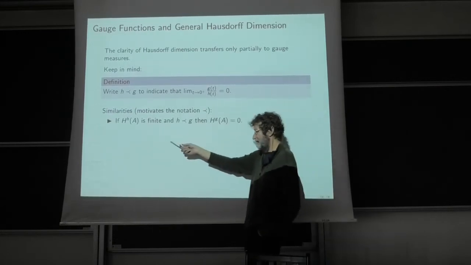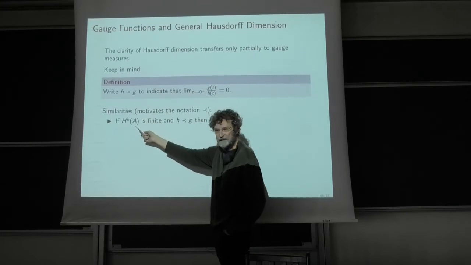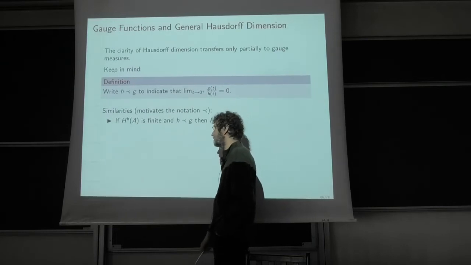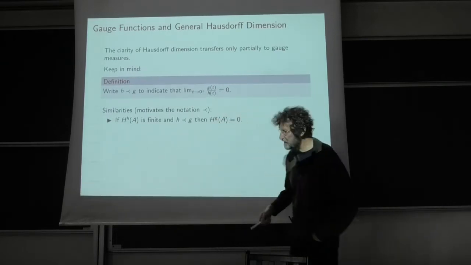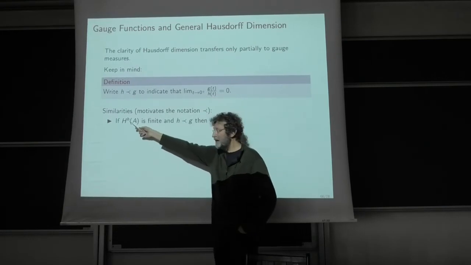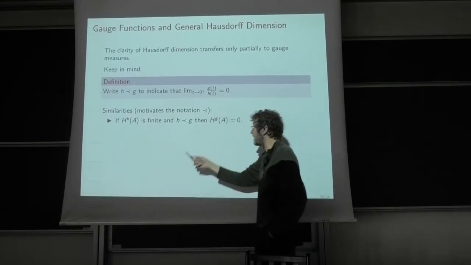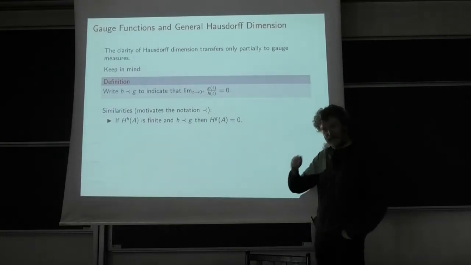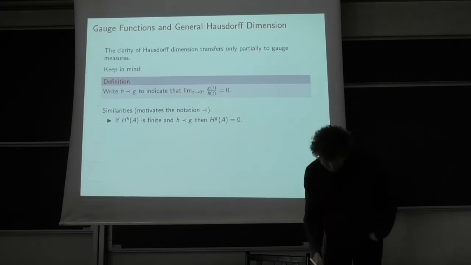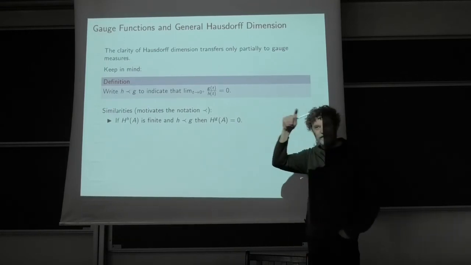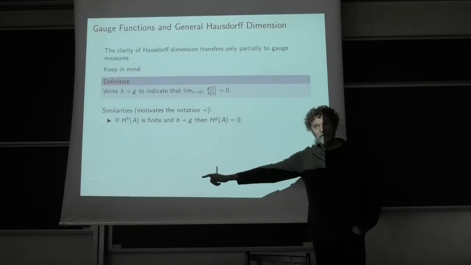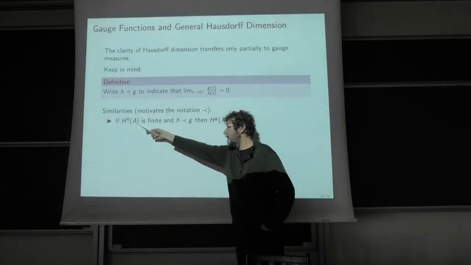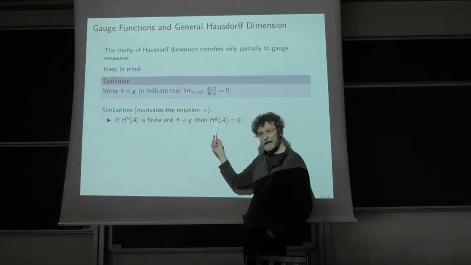So if this set is not super large when measured by the gauge function H, then it's negligible when measured by any gauge function that's stronger than H. So remember how Hausdorff dimension worked? Everything was infinite, and then there was a drop, and everything was 0. To some extent, that's true here. Once a gauge function gives outer measure finite, after that, everything drops to 0.